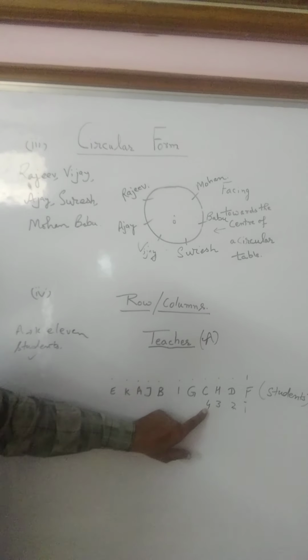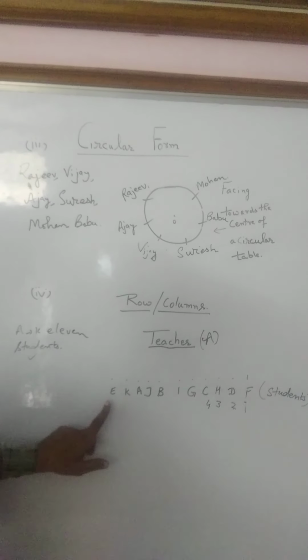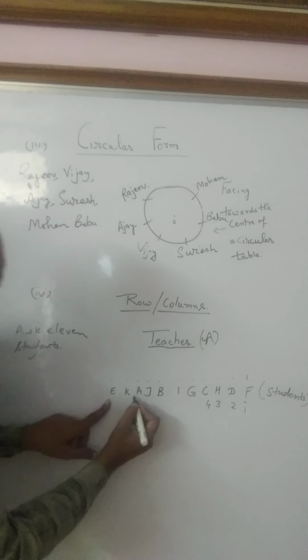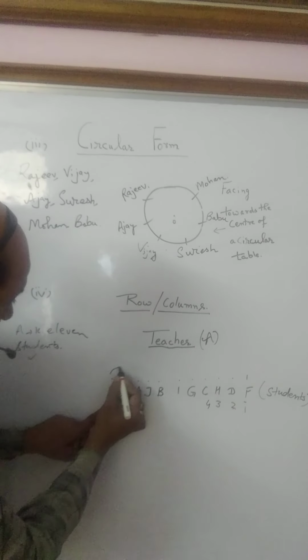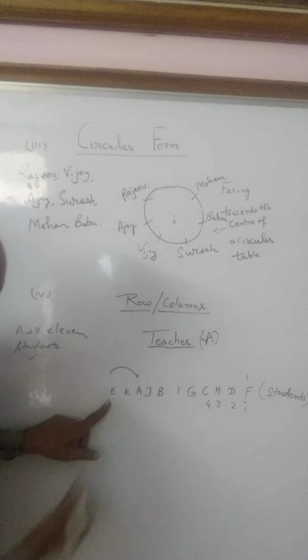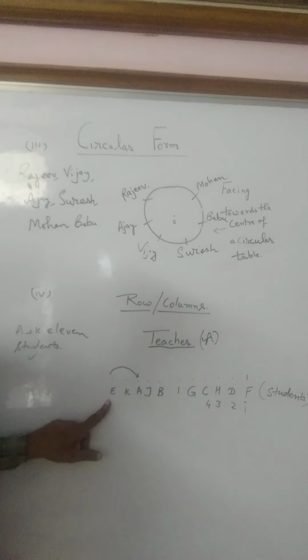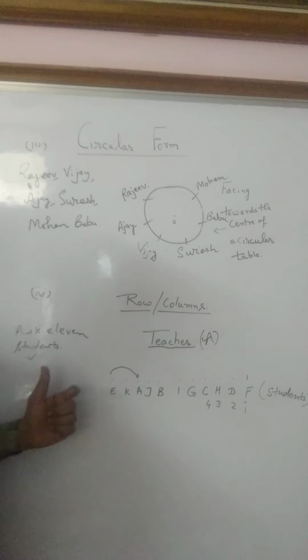A is second to the right of E. Wherever E is, A is second to the right of E, means A is at the second position from E.